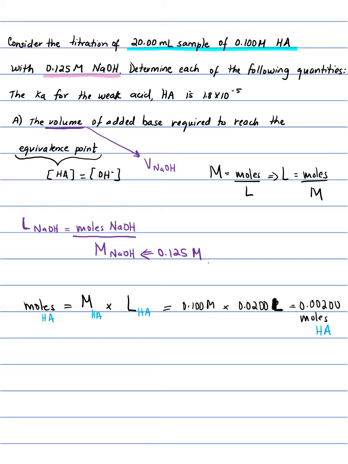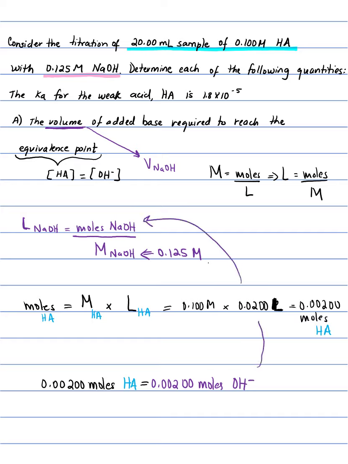So to reach the equivalence point in your titration, you need 0.002 moles of your sodium hydroxide because the reaction is 1-to-1, which means that that number is the same number of moles that you need to plug in your equation here.